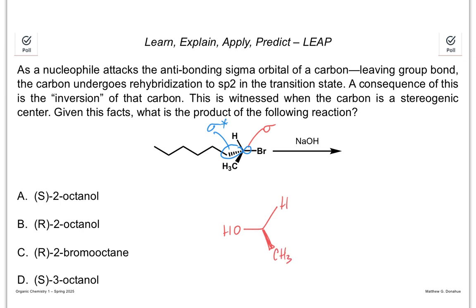And then the rest of the chain, it's still going back. So I'm going to say left and then right. And that's assuming that the carbon-leaving group bond is in the plane, and then you're adding the nucleophile in the plane.